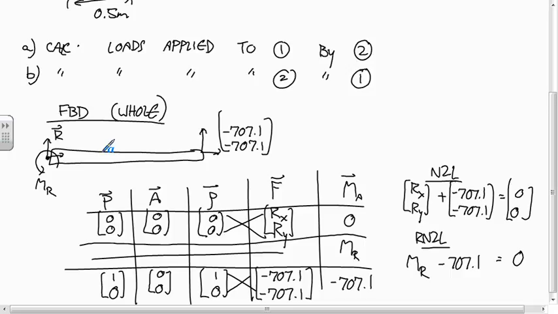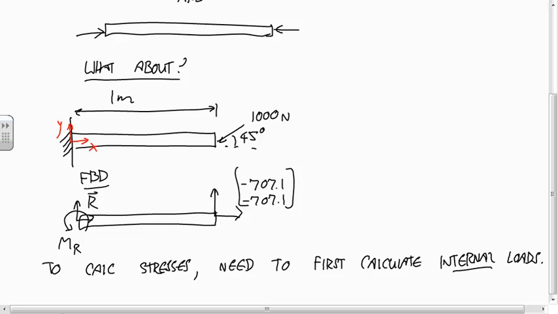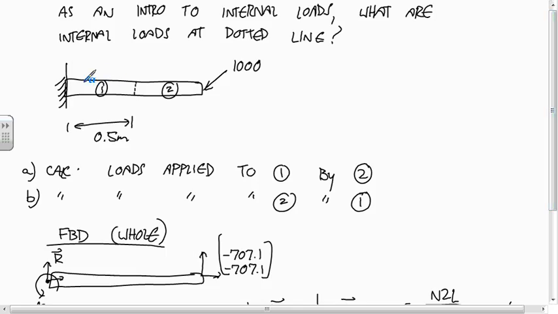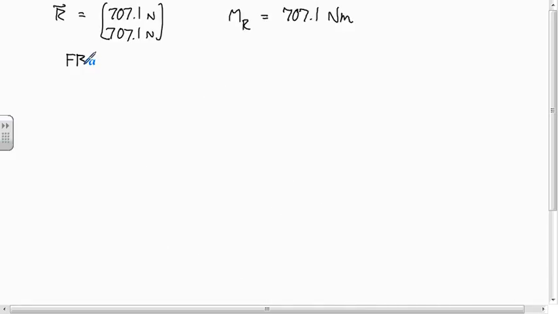Okay. So now we know all of the external forces on this, and now we can isolate piece 1 to calculate the loads on piece 1 by piece 2. So, free body diagram of piece 1. It has the external loads on it that we just calculated.